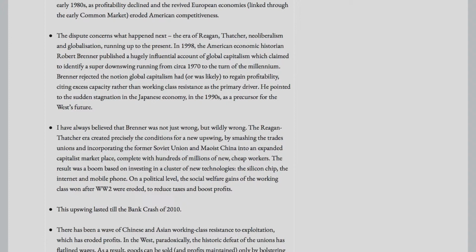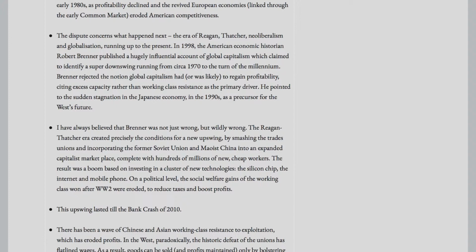The dispute concerns what happened next. The era of Reagan, Thatcher, neoliberalism, and globalization, running up to the present. In 1998, the American economic historian Robert Brenner published a hugely influential account of global capitalism, which claimed to identify a super downswing running from circa 1970 to the turn of the millennium.